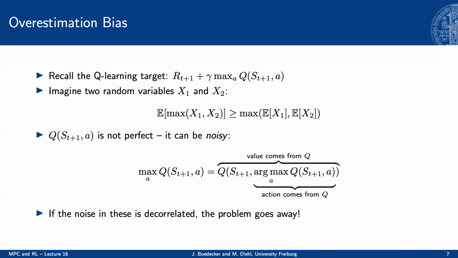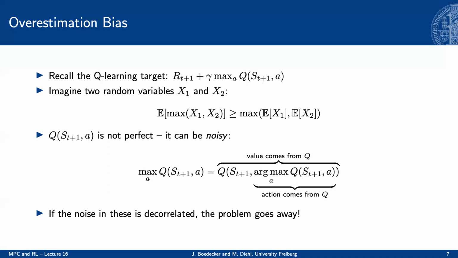So taking the expectation of the max of the two will always be greater or equal to first taking the expectation and then performing the max. I think this can be shown with Jensen's inequality, but I don't remember exactly, but I think this is where this comes from.